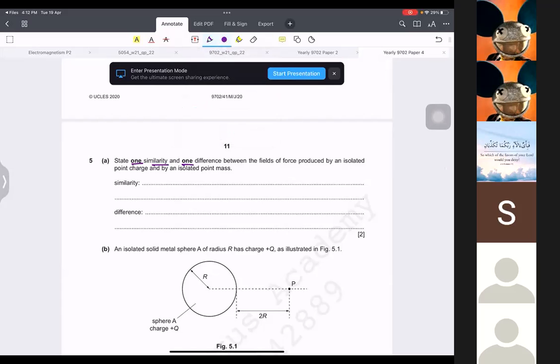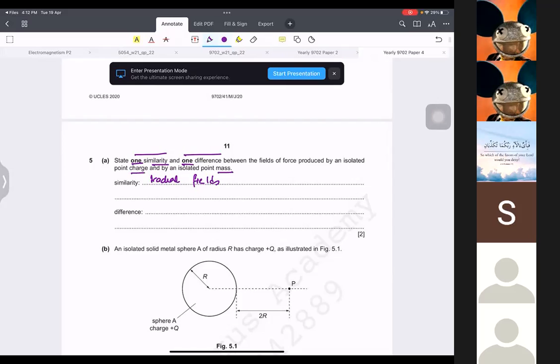Okay. State one similarity and one difference between the fields of isolated point forces. Maybe I'm wrong. The similarity is that the forces are always radial. Radial fields, that's always. And the difference is between point charge and mass.